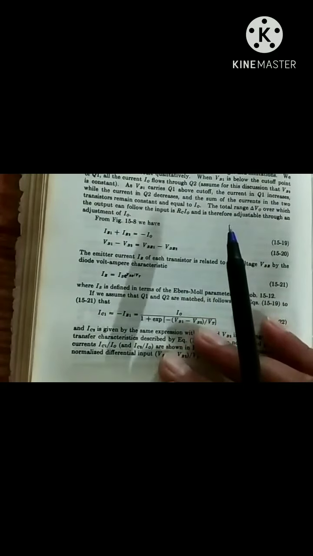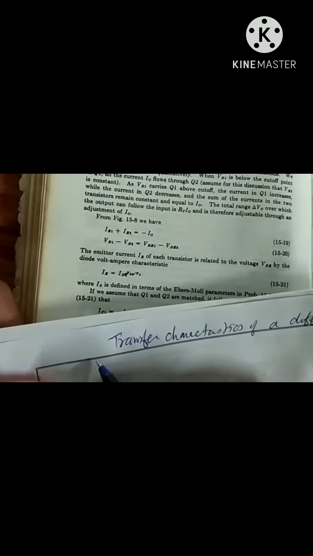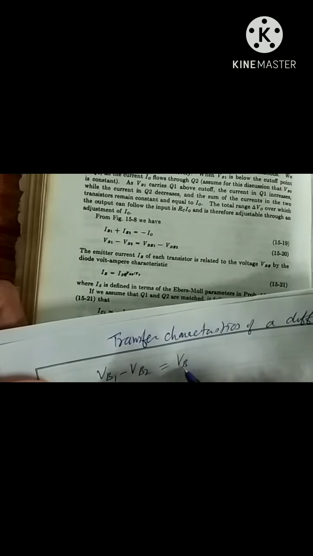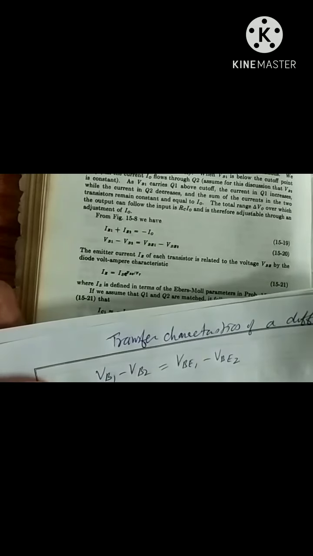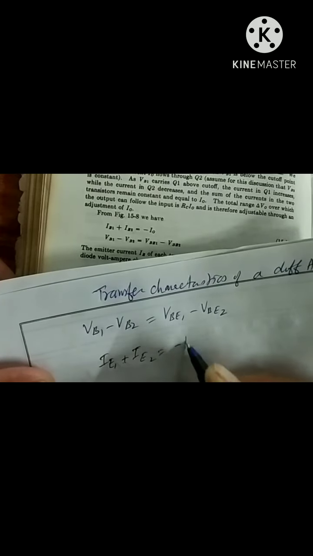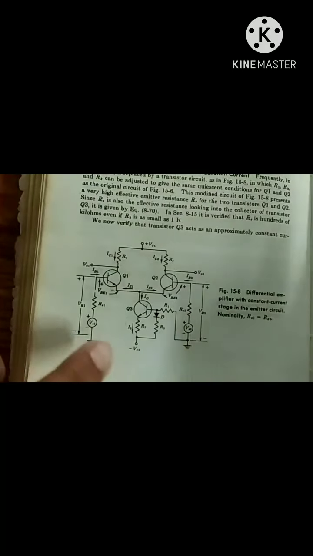So if we apply KVL to this loop, we will see that VB1 minus VB2 is equal to VBE1 minus VBE2. And also from the same circuit we see that IE1 plus IE2 is equal to minus IO. So this output current IO is the sum of IE1 plus IE2. You can see here.